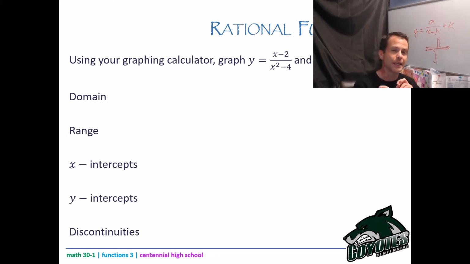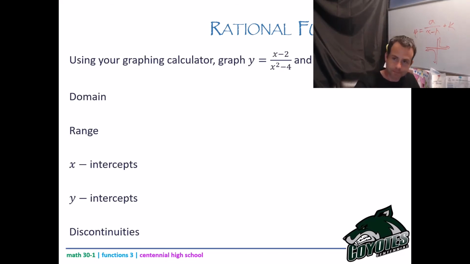The reason being was because in 20-1, we always made the degree on the bottom larger than the degree on the top, okay? When the degrees are the same, that's when you start having to look at the leading coefficient over the leading coefficient.